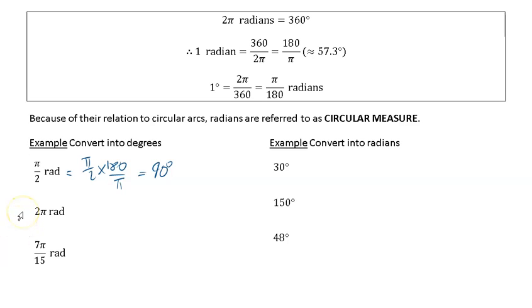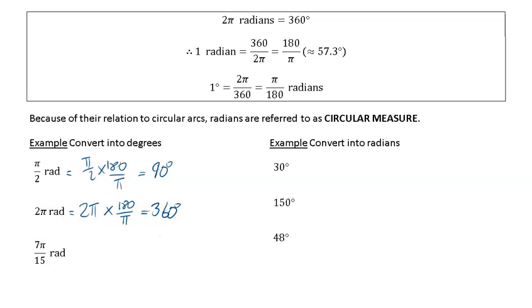Okay, for this one, we're going to do it the awkward way and then the better way. We just convert by multiplying by 180 over pi, and that would be equal to 360 degrees. Or we know that pi itself is 180 degrees, so 2 pi is 2 times 180, so 360 degrees.